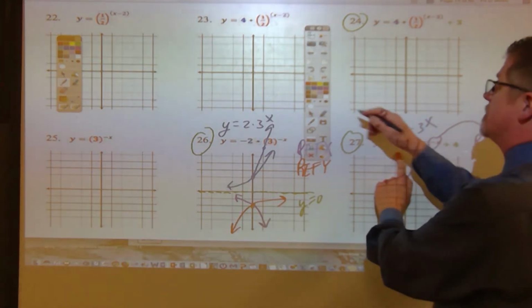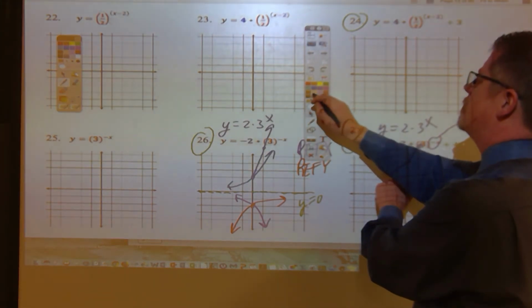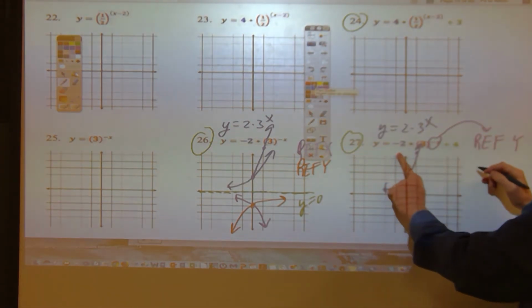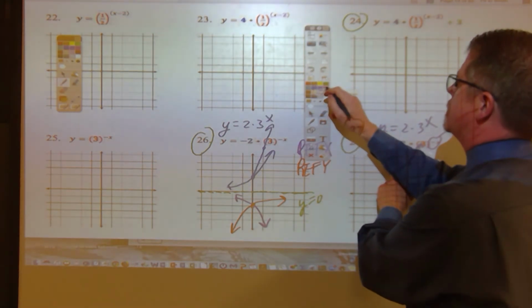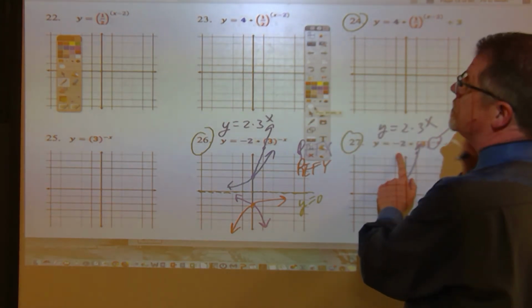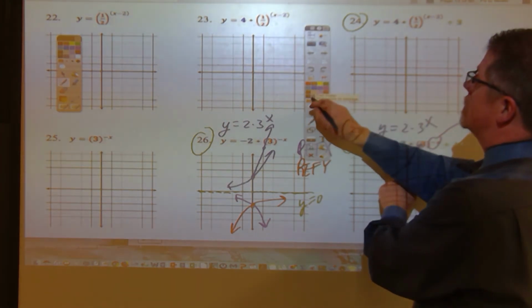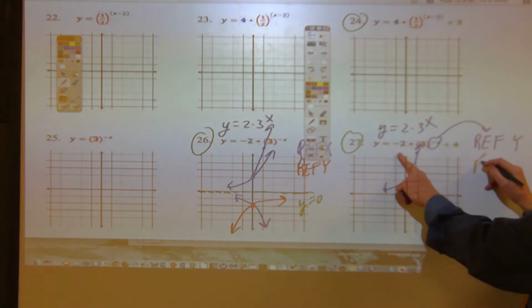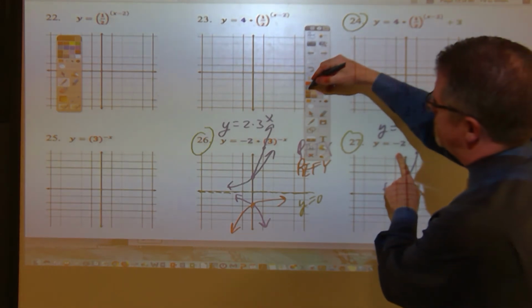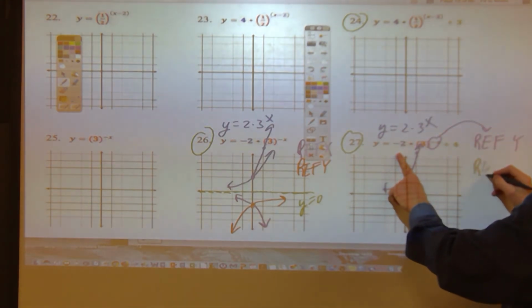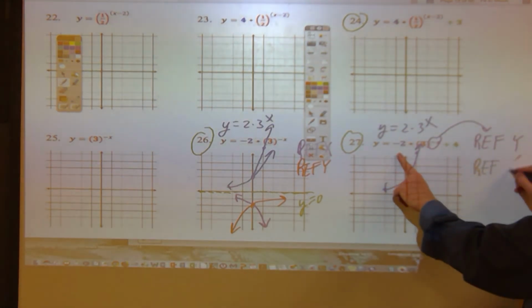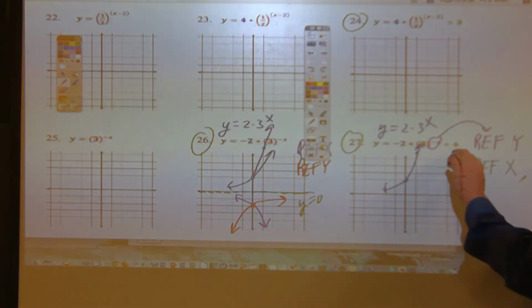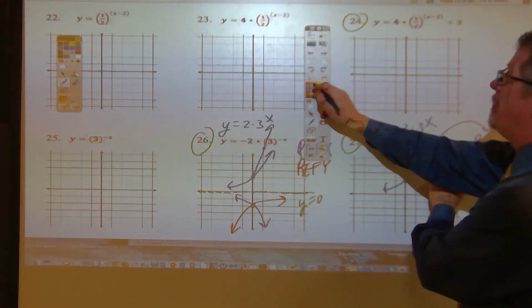Here, order of operations does matter. I'm going to shift over to teal, where I reflect over the x-axis. And then the up 4 will be my final step.